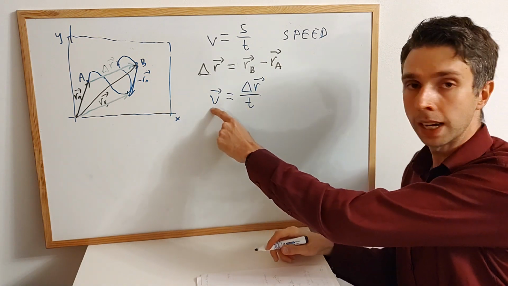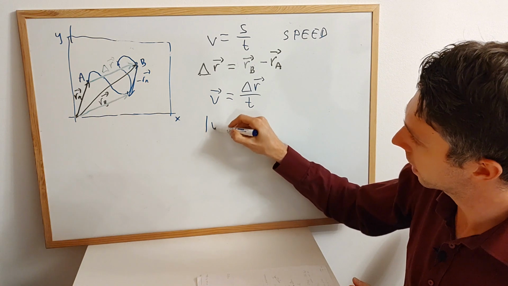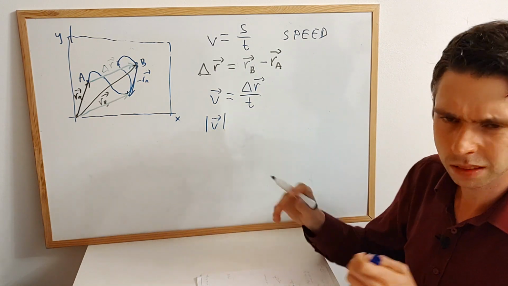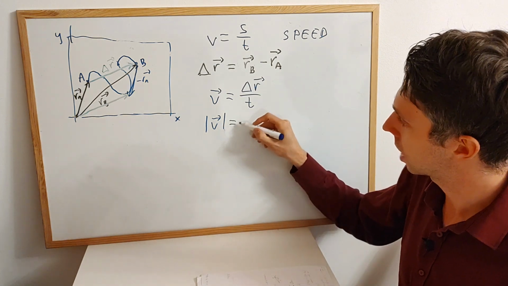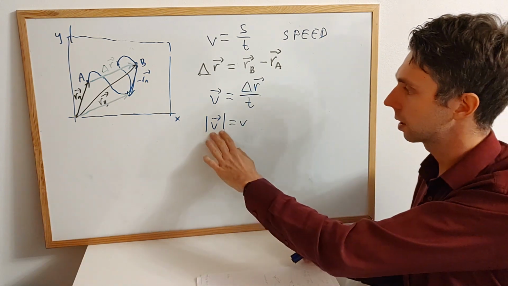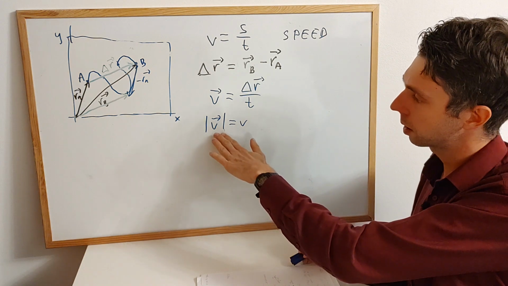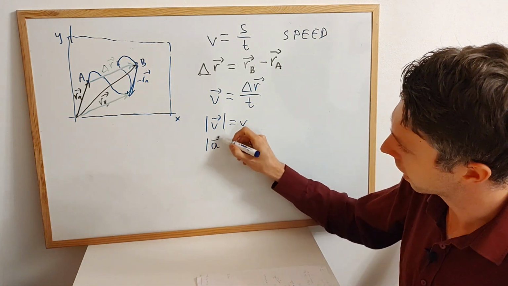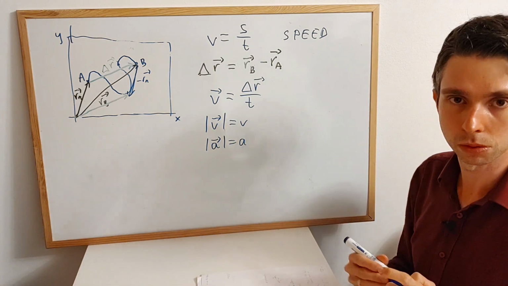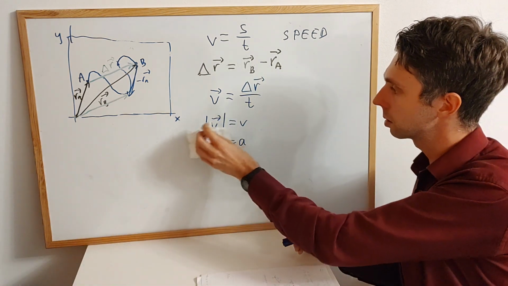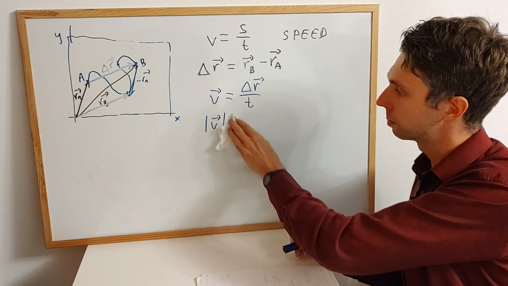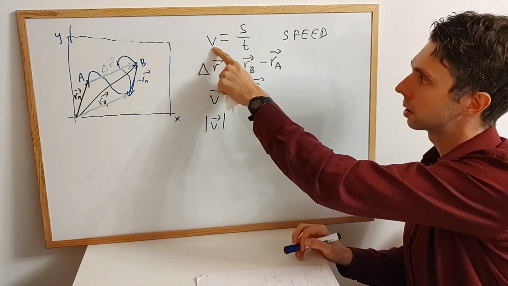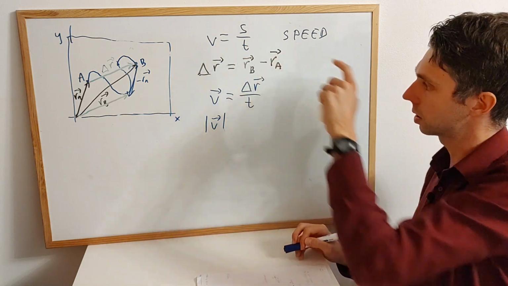So the value of a vector you denote like this, meaning the magnitude, and often we write this just by v for short, or for any vector, for example the length of a, we just denote by a. But here we will not do this because we don't want to mix it with v, which is speed.